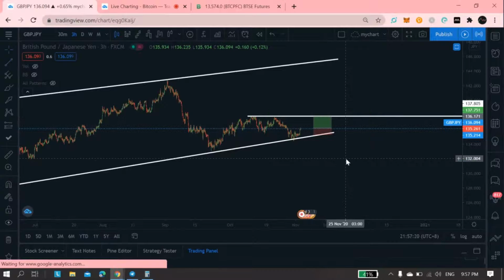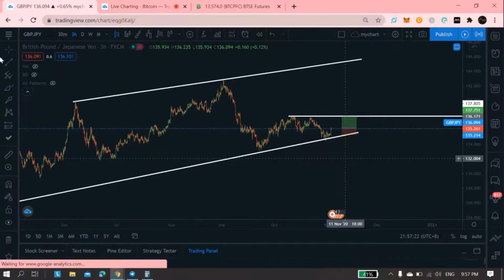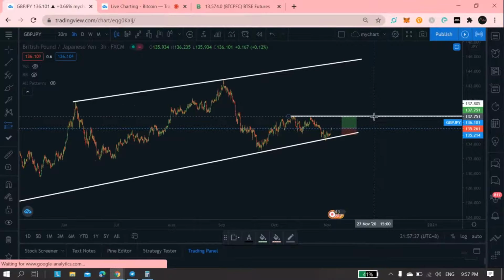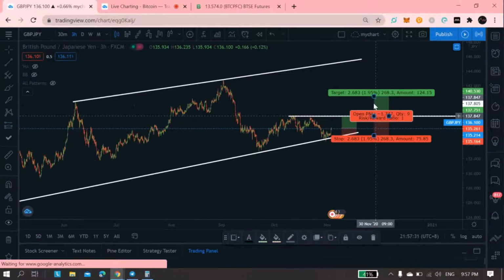But for forex, I think they have a leverage of 1000 times. So for this one, I'll just trade it after.